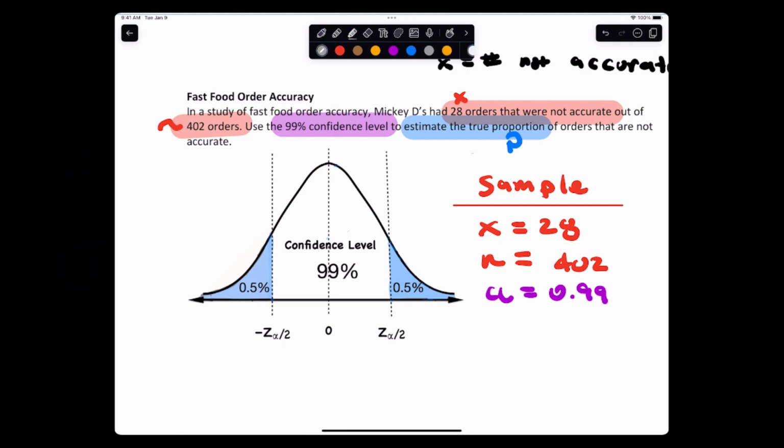Guess what, ladies and gentlemen? We're practically done. All we had to do was read and understand what was the X value, what was N, what's the confidence level. And they're telling you this. Just reading.